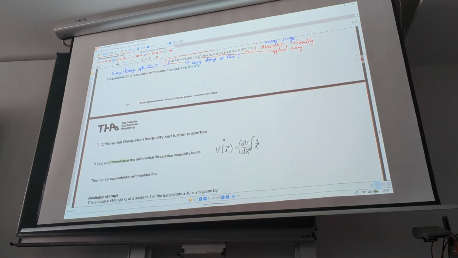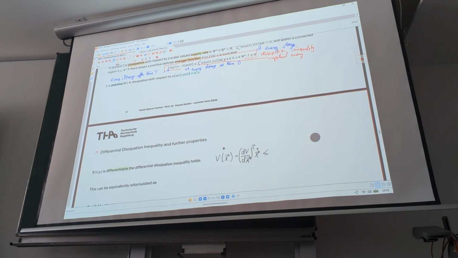This formally has to be a row vector. Now what would this be? This should be then less or equal than W of u and y. So this would be the differential dissipation inequality.